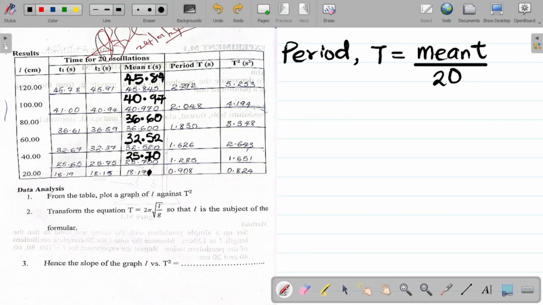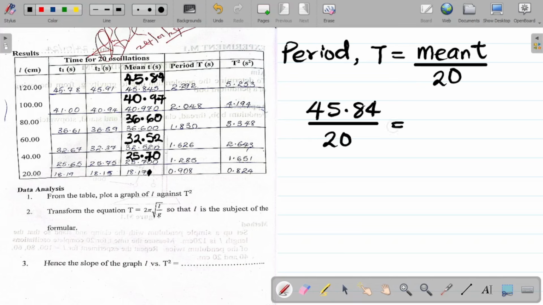So we're back here. Let's find the period for each of them. For the first one, at L equal to 120, I'll divide this by 20. So it becomes 45.84 divided by 20.